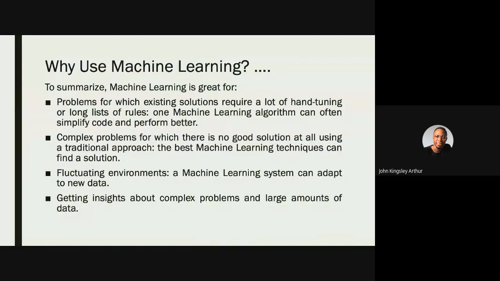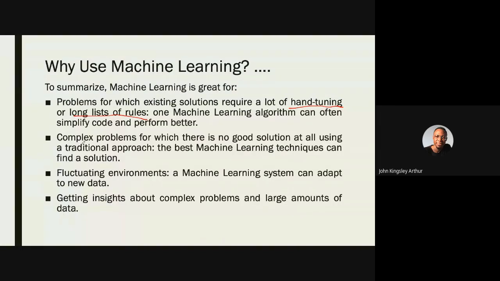Right, so in summary of what we have said earlier on, problems for which existing solutions require a lot of hand tuning or a long list of rules, machine learning algorithms are much more relevant to be applied in those cases because they will definitely perform better, right?